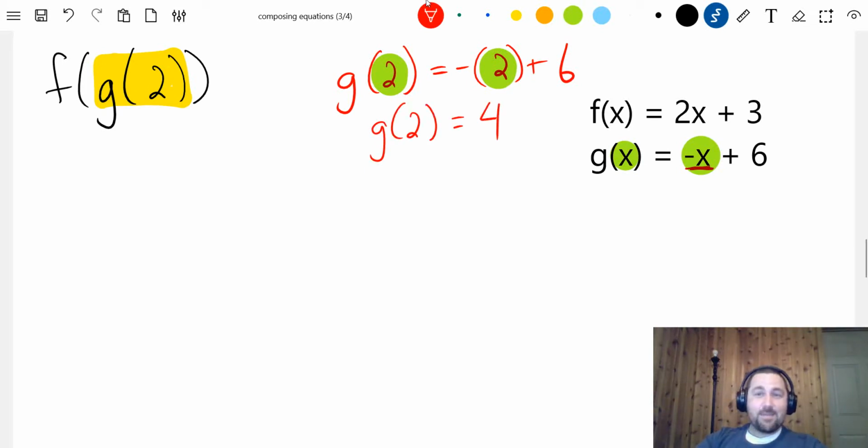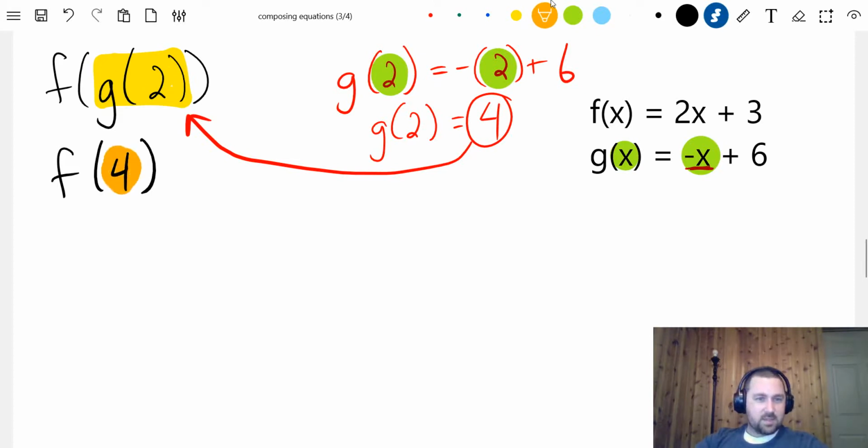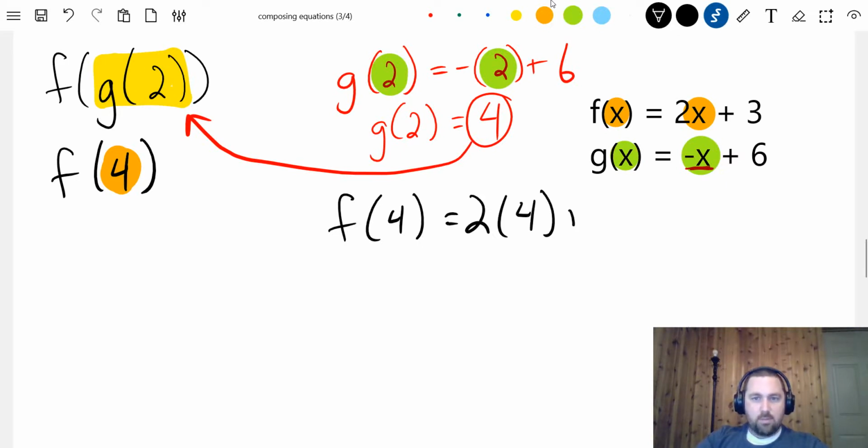And now it's the exact same thing. Now we take this 4 and we substitute it in for the g of 2 there. And so now we're looking for f of 4. How do we find f of 4? Well, this is the same process. 4 is our input, so we go over to our f function and substitute 4 in for x. f of 4 is equal to 2 times 4 plus 3, which is 11. f of 4 is equal to 11, and this is our final value.